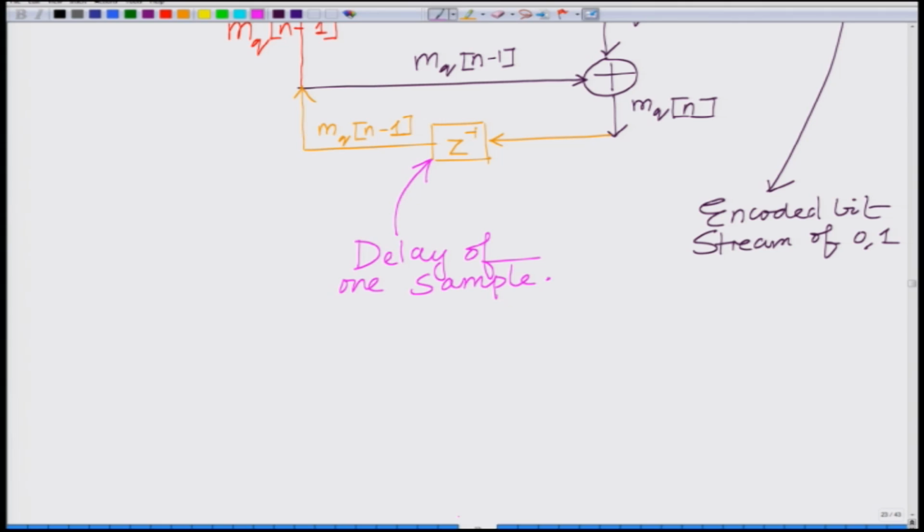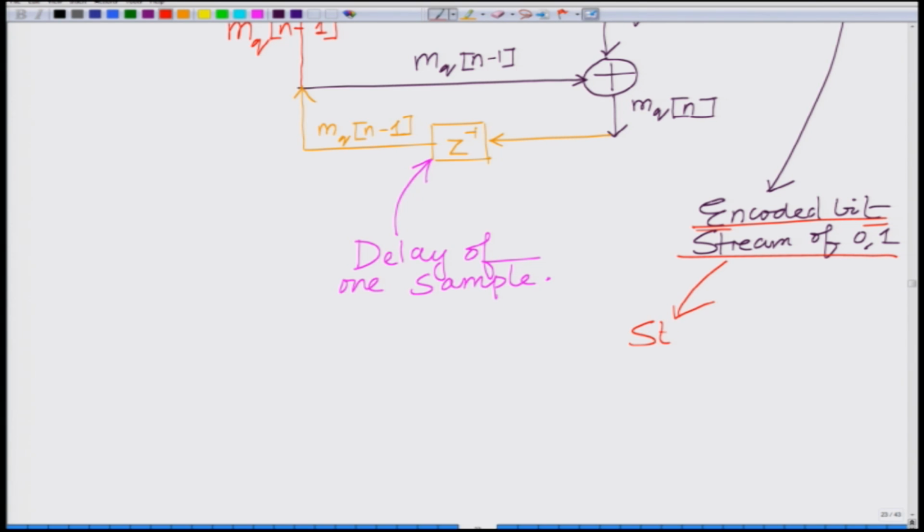So, that is how we get from a continuous signal: first sampling it, quantizing it, converting it into a bit stream, digitally modulating it and transmitting it over the channel. So, this is the encoded bit stream of zeros and ones.